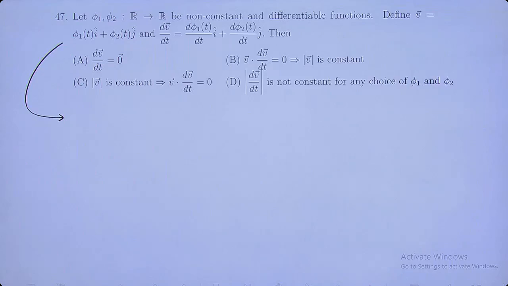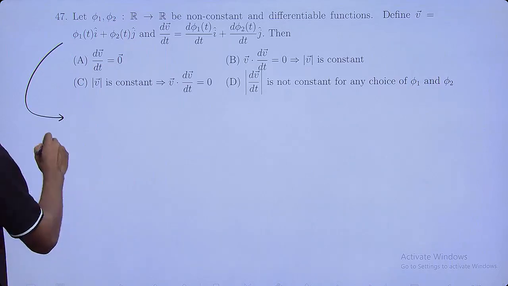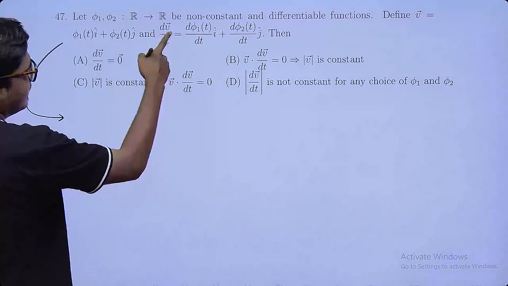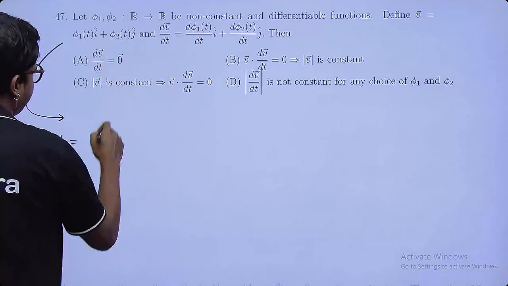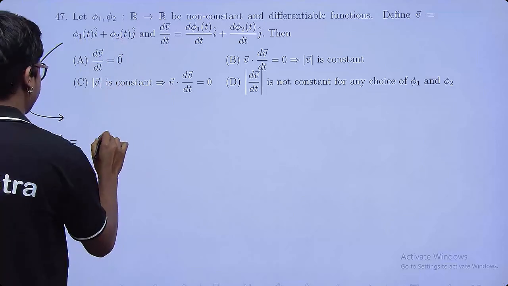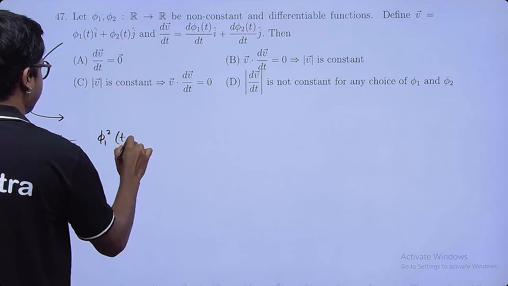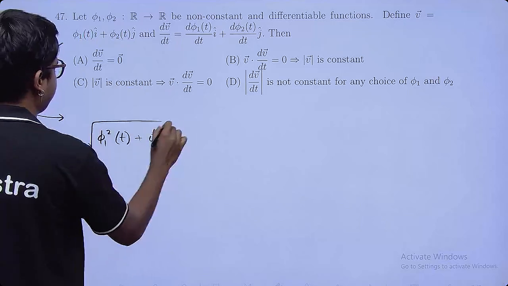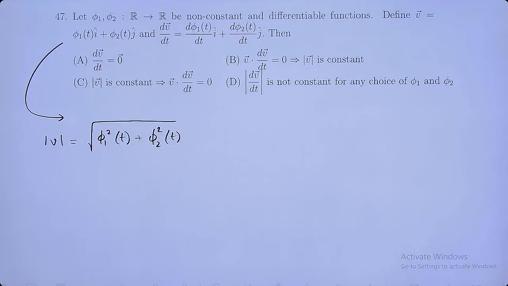If I look at mod v, it is going to be this one squared plus this one squared, and the square root of that, right? Like we're looking at the magnitude of this. So the square root of phi1 squared t plus phi2 squared t, right? This is the magnitude of this velocity vector, okay?